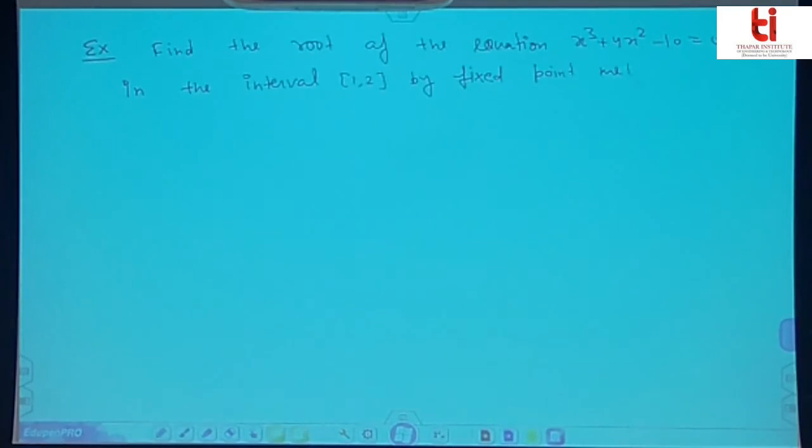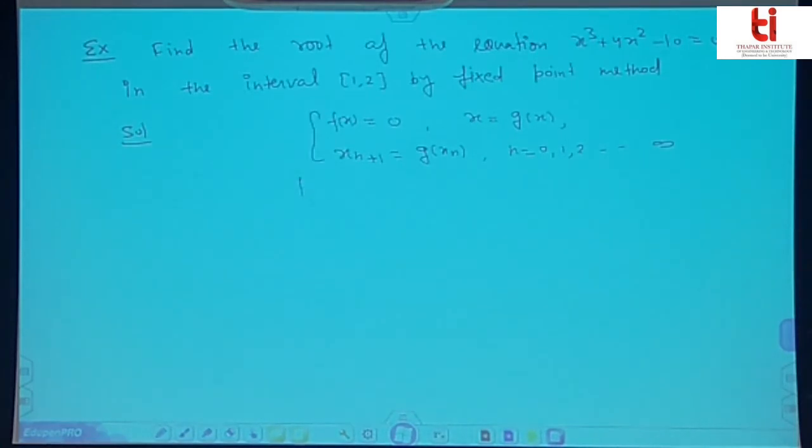What is the fixed point method? That we have explained earlier. The equation f(x) equal to 0 can be written in terms of x equal to g(x). Then we can iterate x(n+1) equal to g of xn, n equal to 0, 1, 2, etc. So this is the fixed point method.